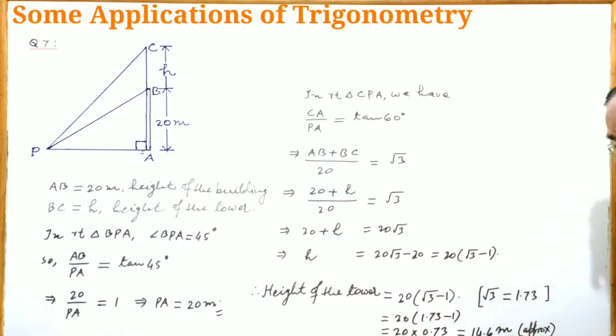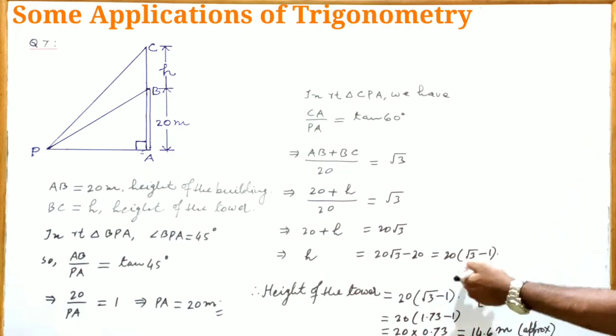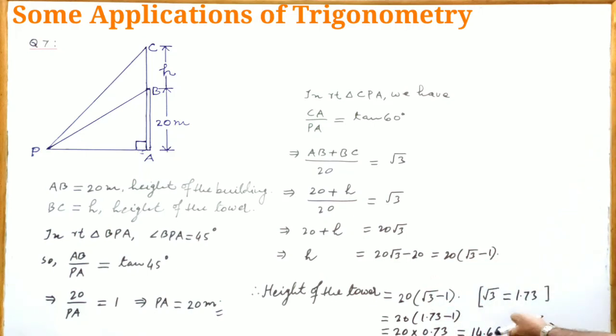This 14.6 meter height of the transmission tower is approximate height, because this value of root 3 equal to 1.73 is also approximate value, and because of this height of the transmission tower 14.6 meter is approximate height of the transmission tower.